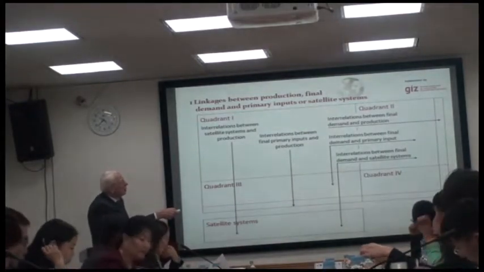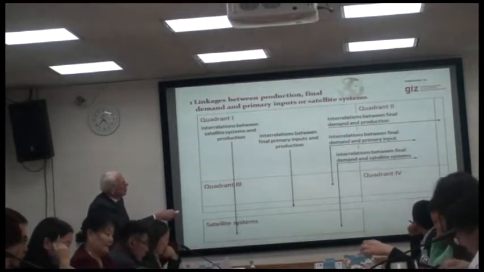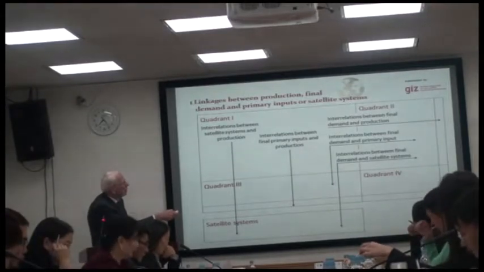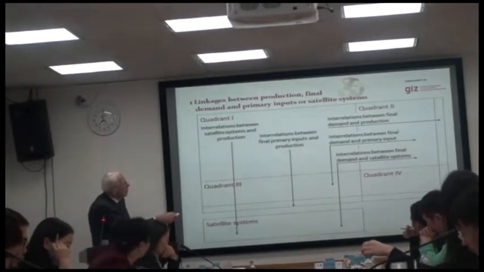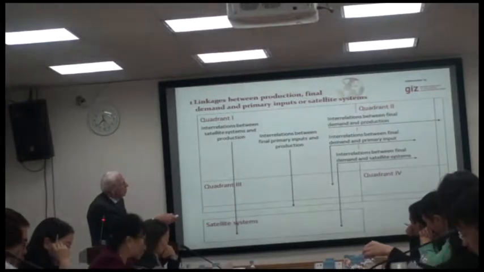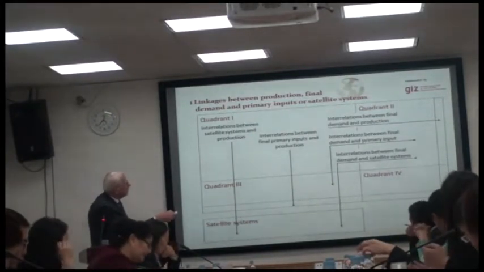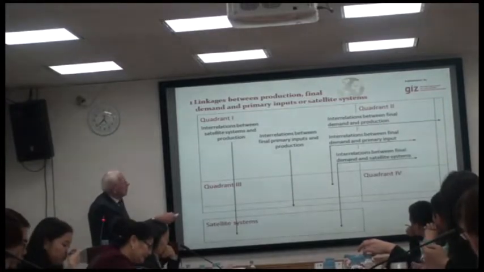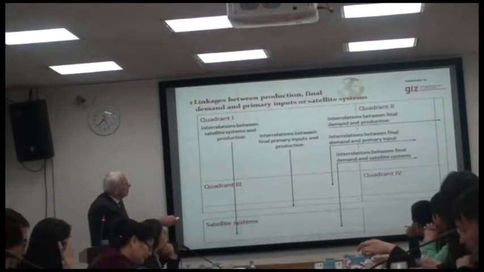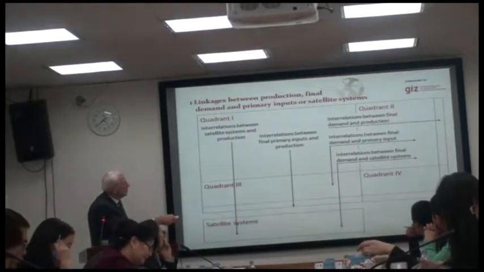Now what I present to you will be the computation, how you can compute the interrelation between final demand and production. And tomorrow we will make this one and this one.